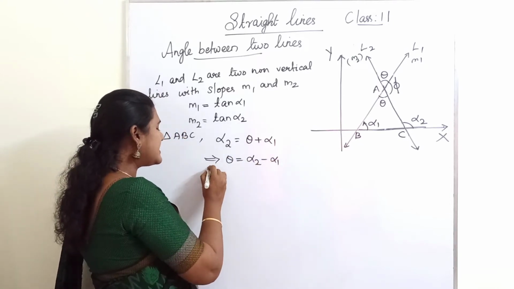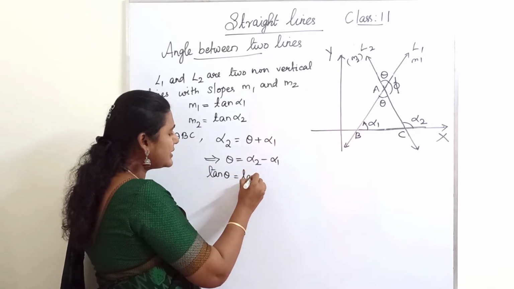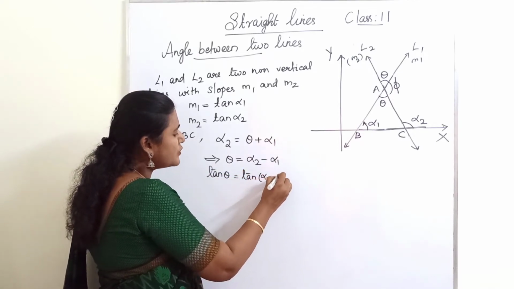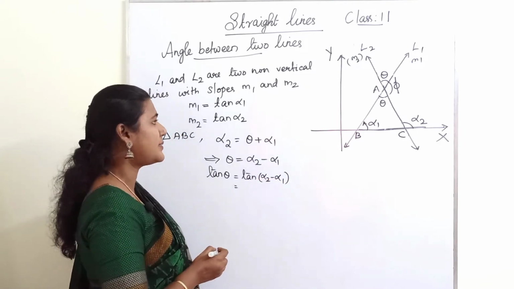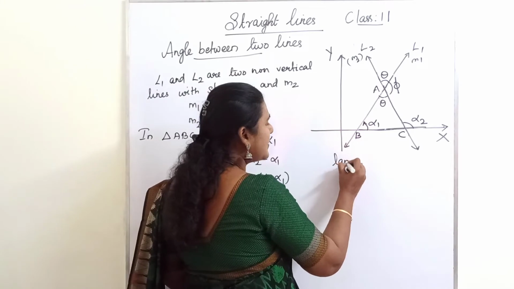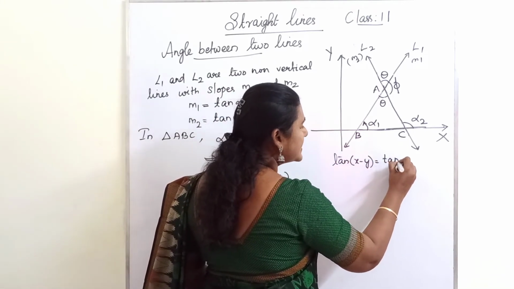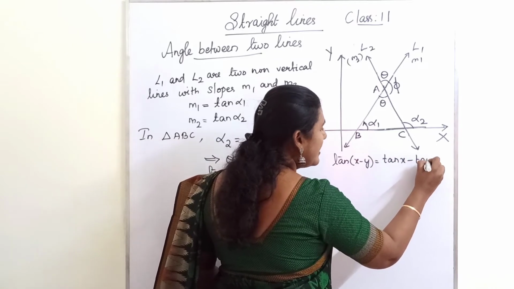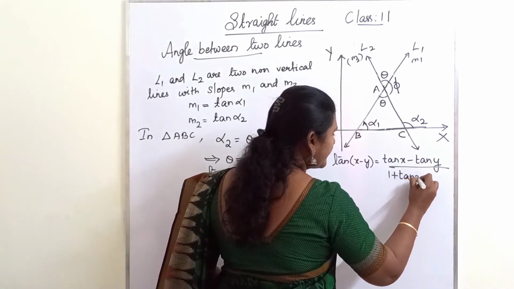Now we take tan on both sides. So tan theta is equal to tan of alpha 2 minus alpha 1. We have already learned in the trigonometry chapter the formula for tan of x minus y: tan x minus tan y divided by 1 plus tan x tan y.